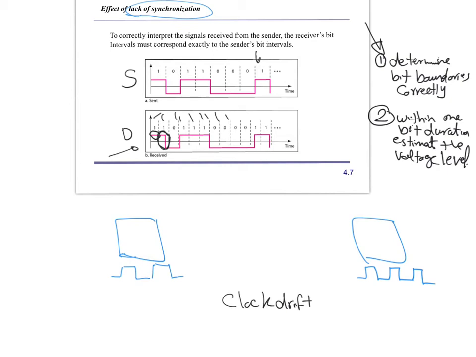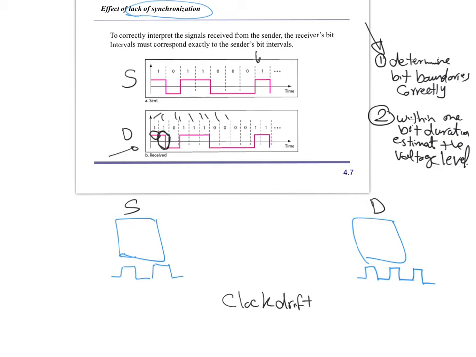Yes, so as I said, these are two nodes in the network. This is the source and this is the destination. Whenever I have any two nodes in reality trying to coordinate the same thing, or synchronizing themselves to do one job, which in our case here is to transmit some bits and get them on the other side, these two nodes physically do not have identical clocks by any means.